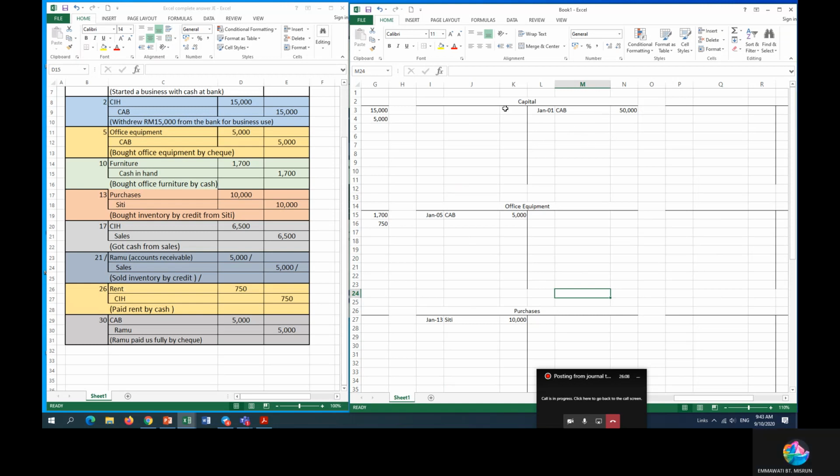So what you should do is find the last date of the month of January. The last date is January 31st. So we are closing our capital account with balance c/d, balance carried down.